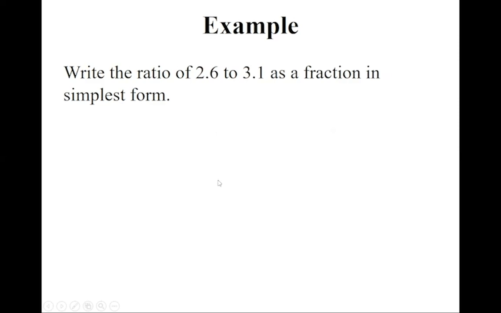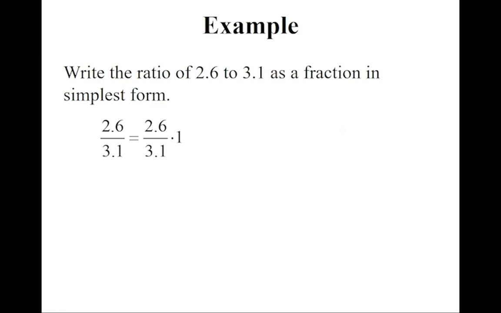Let's write the ratio of 2.6 to 3.1 as a fraction in simplest form. 2.6 to 3.1 as a fraction, 2.6 over 3.1. Now, we need to multiply by some form of 1 to get rid of the decimals.